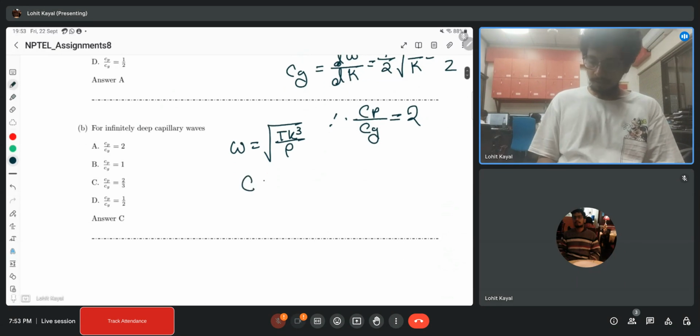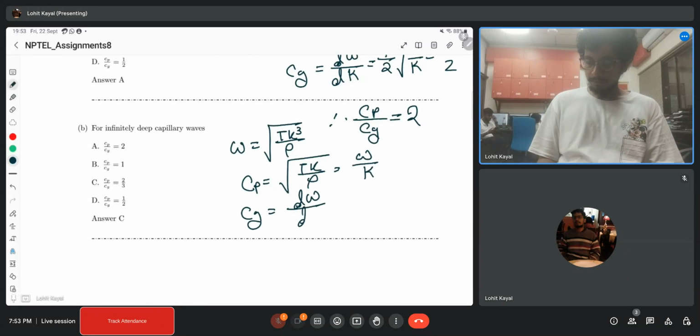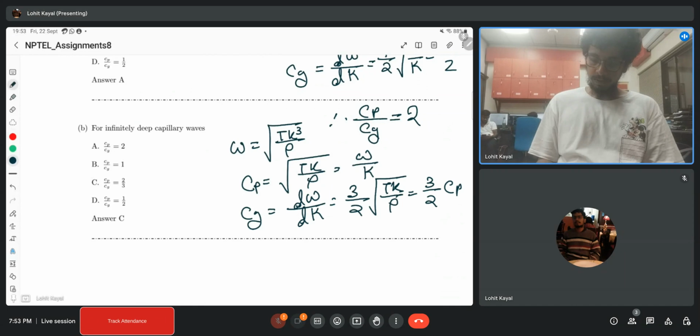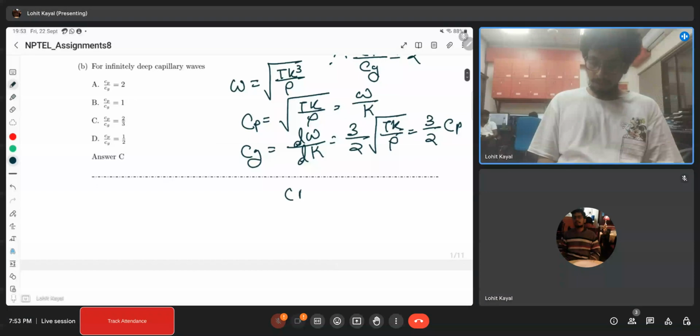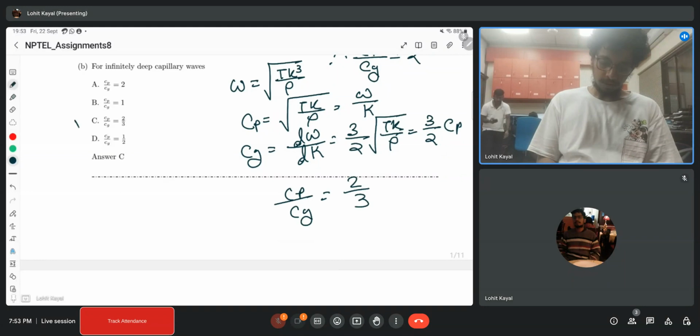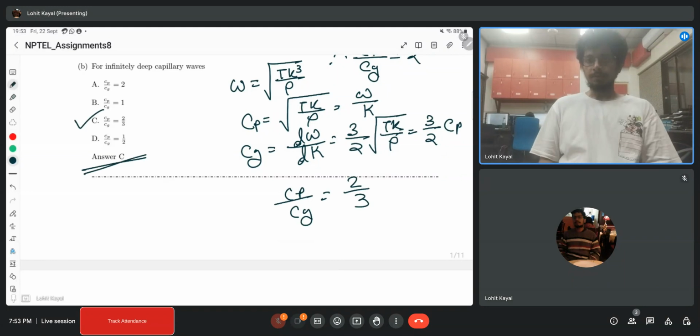So your Cp is square root of T k by rho, which is equal to omega by k, and Cg is equal to d omega dk, which is 3 by 2 square root of T k by rho, equal to 3 by 2 Cp. So Cp by Cg is equal to 2 by 3. So your option C is correct.